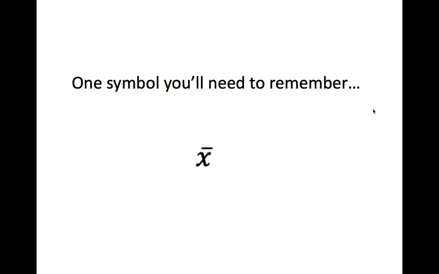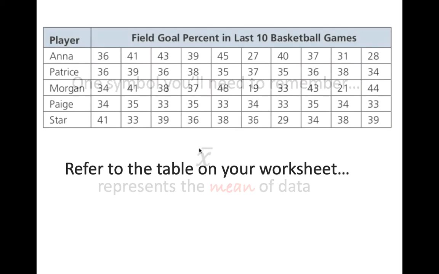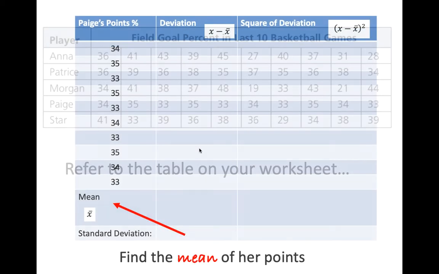As you get used to the math that's involved in this, you're going to need to recall the symbol that you already know. You learned that the mean of data was expressed by writing it as x with a line over top of it, that this stands for mean. So let's take a look at the table, and we're going to use these numbers to create the standard deviation.